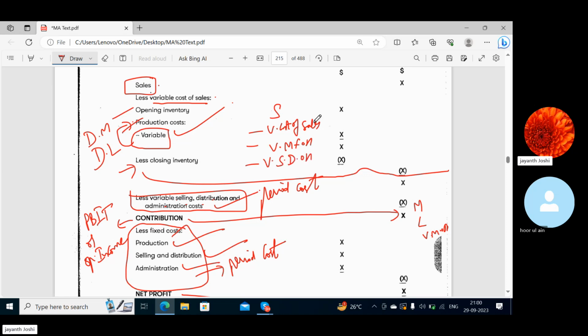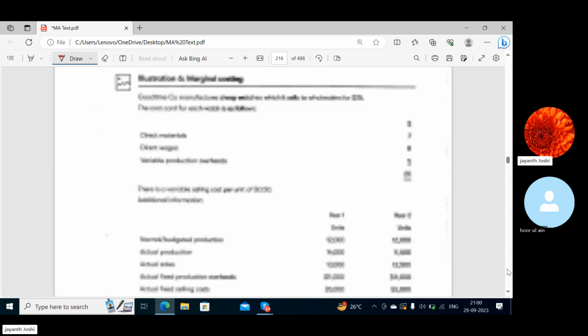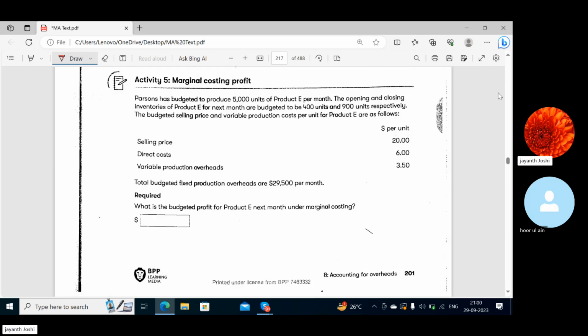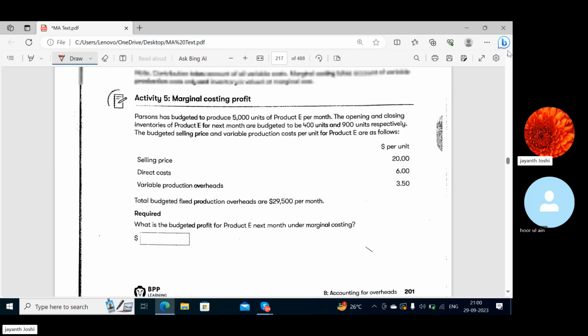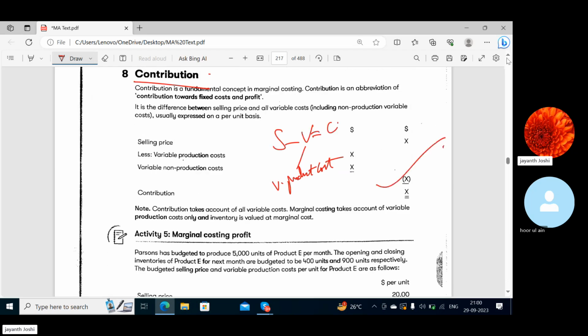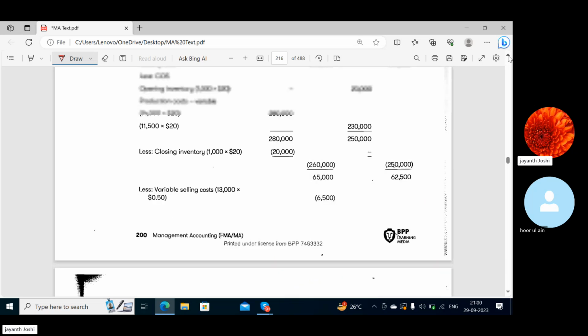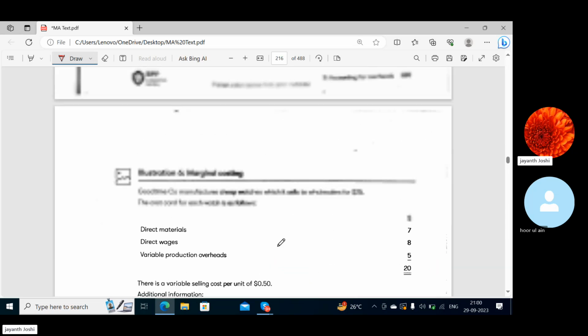When you removed all types of variable cost from sales, that is total variable cost, you got what? Contribution. Sales minus total variable cost. The end result is contribution, right? The same thing they are giving here. So this concept is also almost done. Contribution concept. Okay. We'll do a question right now. Come on. So this is the question.